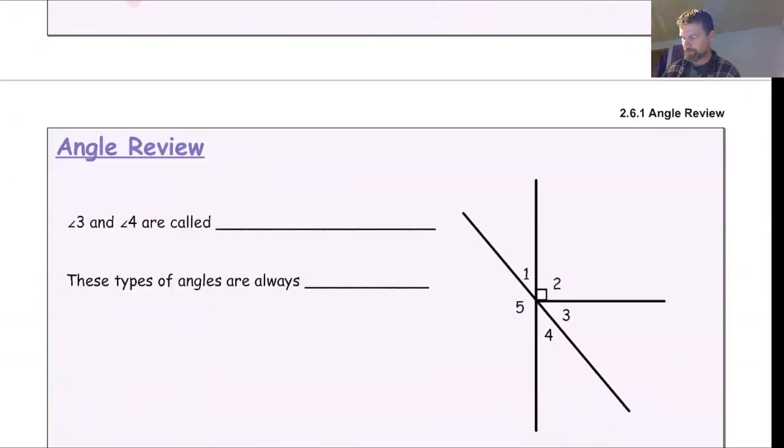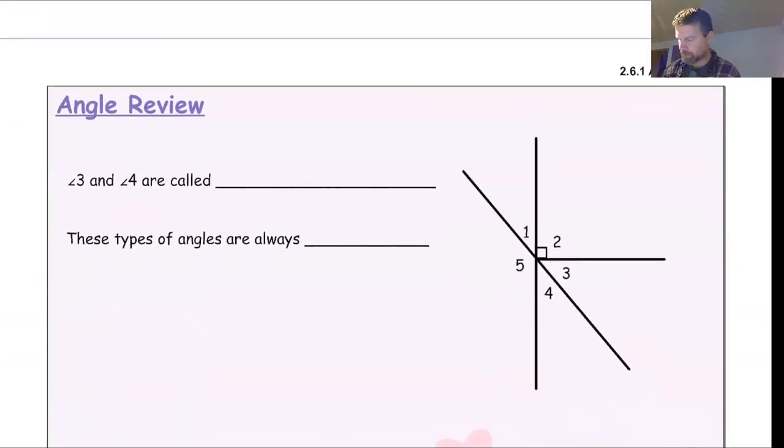All right, next one, angles 3 and 4. Okay, so we notice this is definitely a 90-degree angle because that one was 90, so that they add to 180. I probably should have had that in the picture, but I didn't. I'm going to add that now in black. All right.